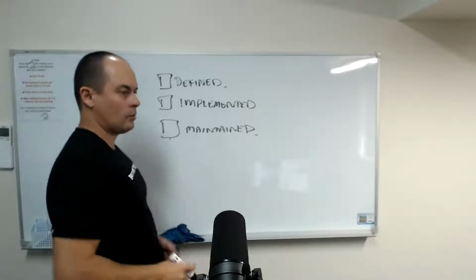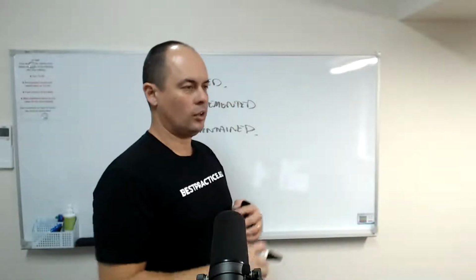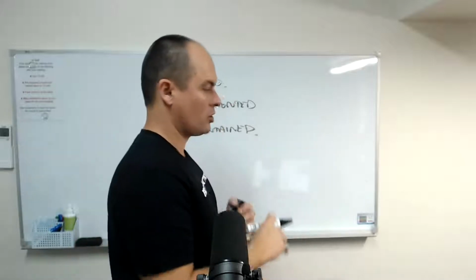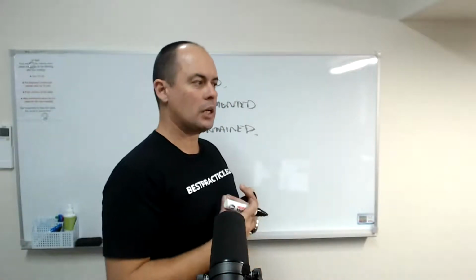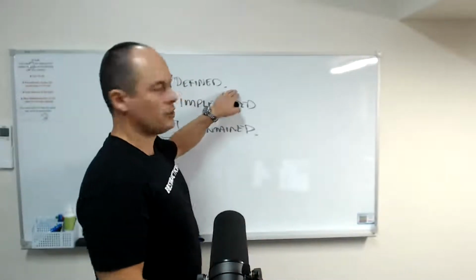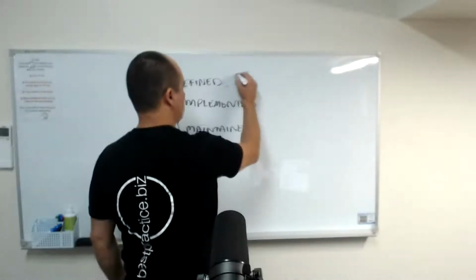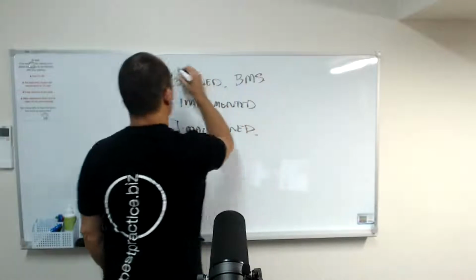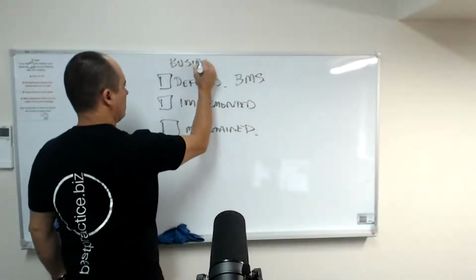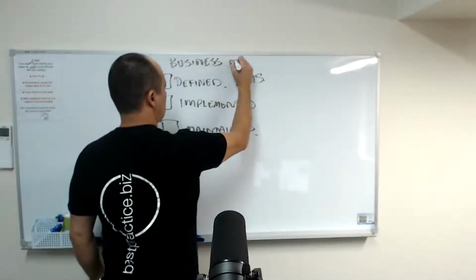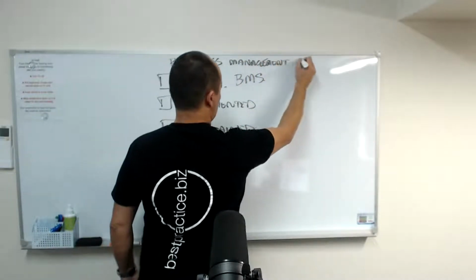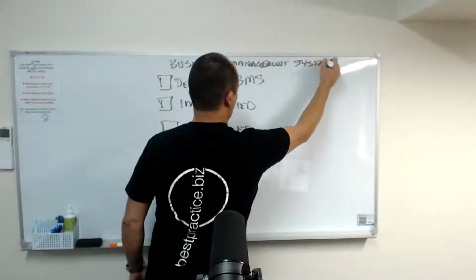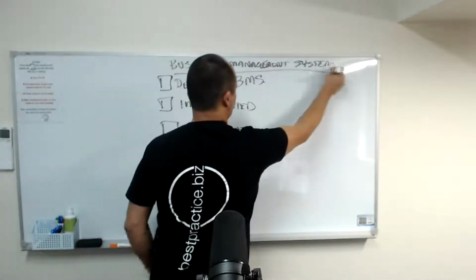So what we're looking at with any certification process is the first, what we would call in the industry, stage one. I try not to use the industry jargon for you guys, but the first thing we're doing is working with you to look at how you've defined your management system. This is your BMS, your business management system.